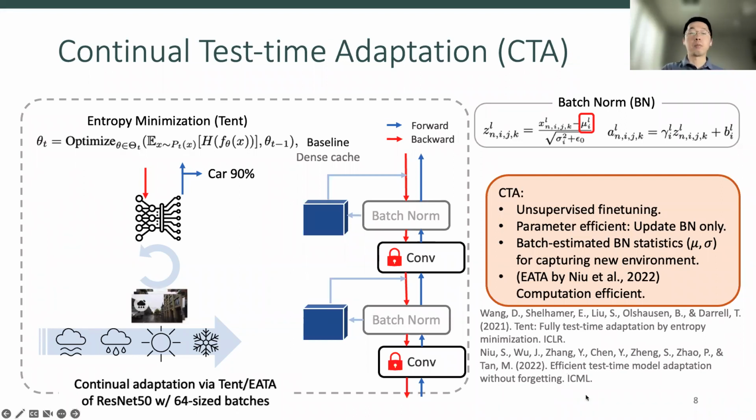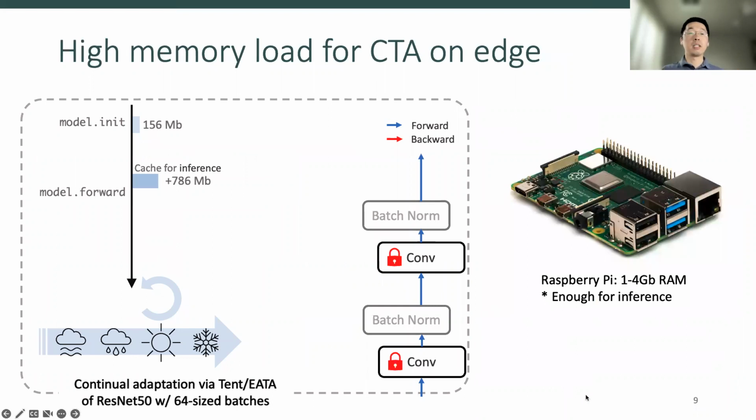However, there's a remaining problem in this area. So let's get into the memory complexity of this algorithm. When we do inference, everything looks very good, because for a ResNet-50 we only need about 800 or 900 megabytes of memory to run this model to predict what the object is in an image.